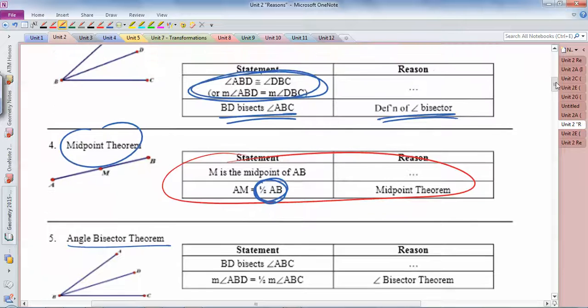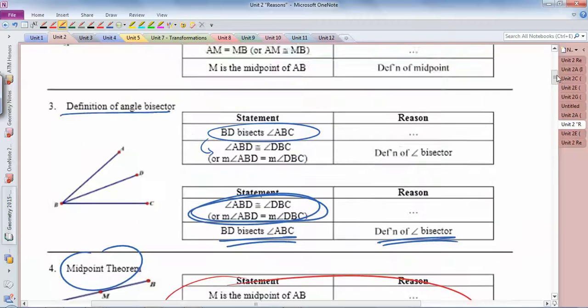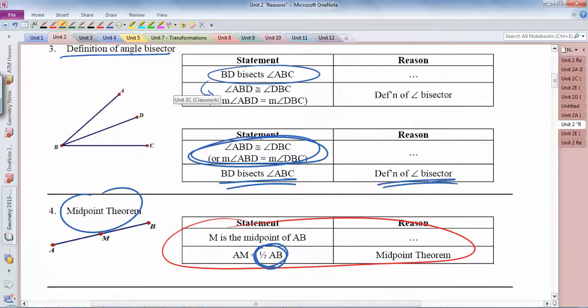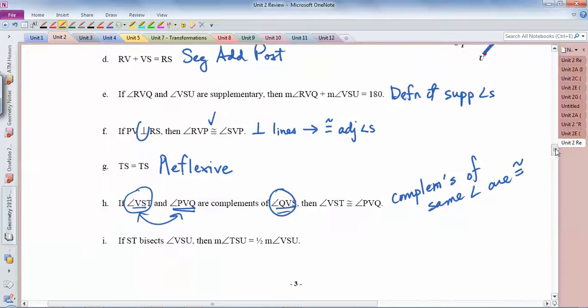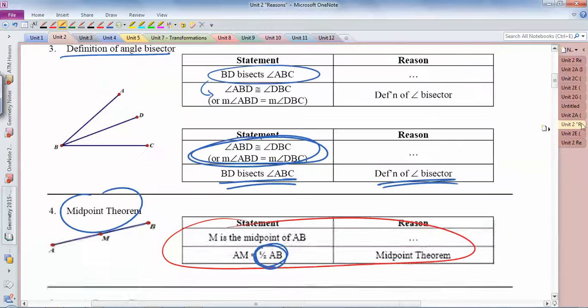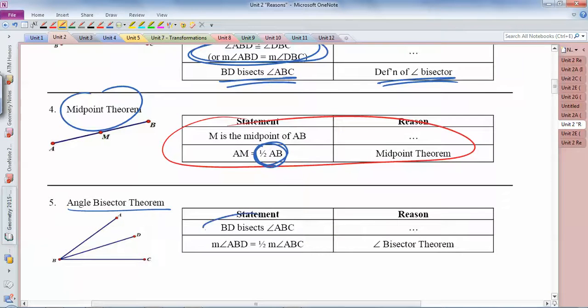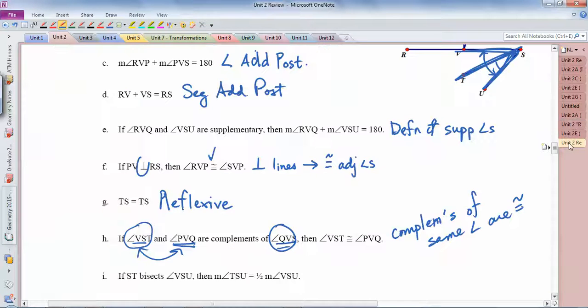Angle bisector theorem and angle bisector definition. The definition started with if bisect. So if you have a bisector, the definition says you get two small congruent angles. That's different than this one. If you have a bisector, then one angle is half of the big angle. That's angle bisector theorem. That's what we want. Angle bisector theorem.